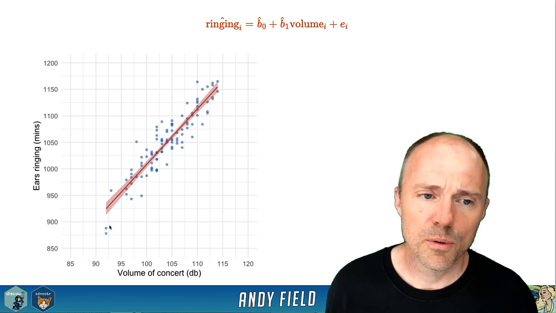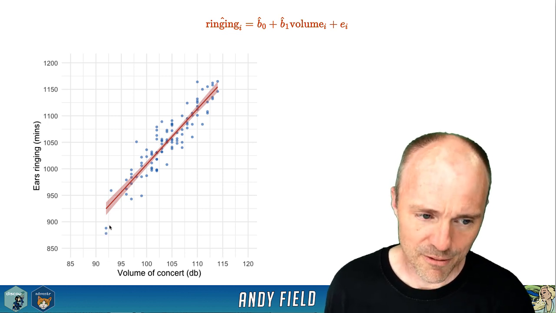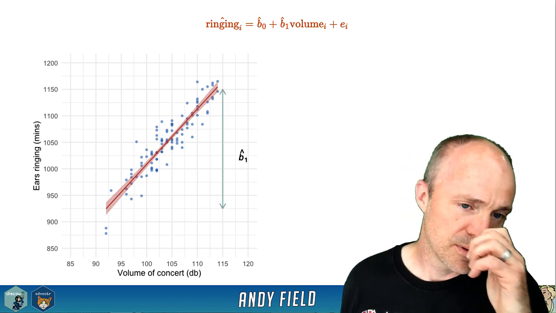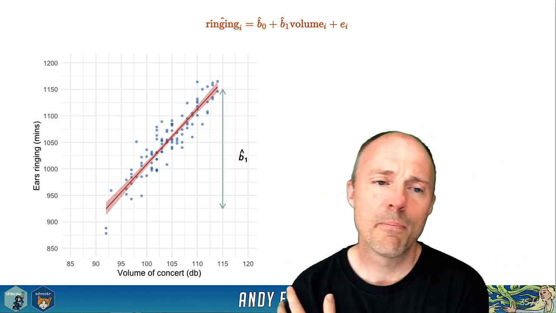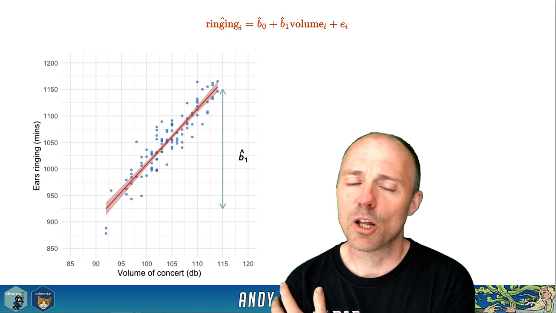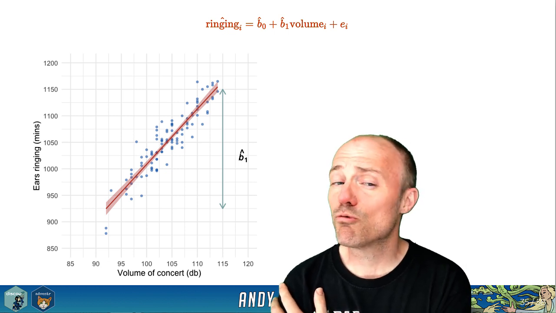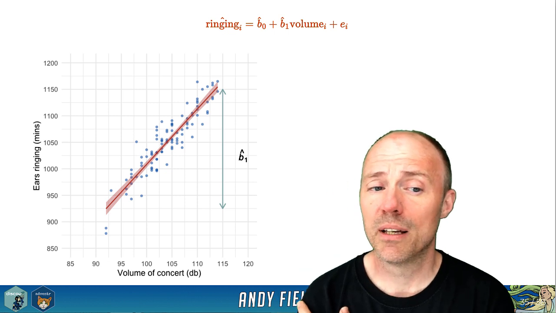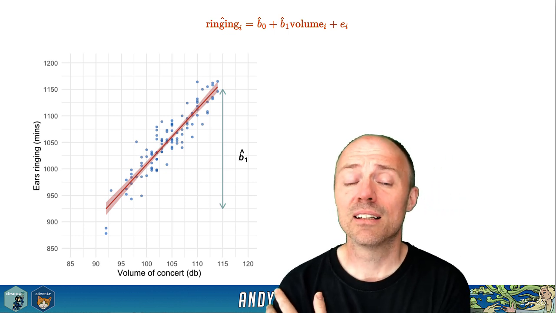And we've seen there are parameters for this model. The beta attached to volume is the slope of that line. It's the rate of change of ears ringing as the volume goes up. So how steep is that line?